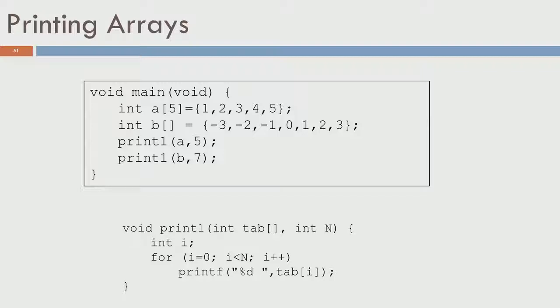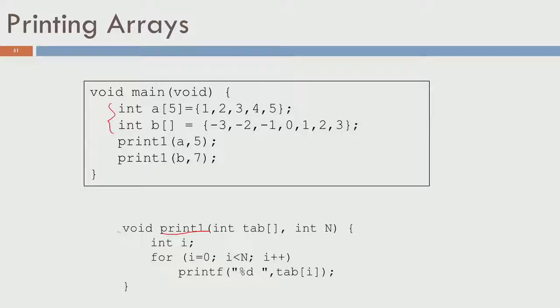So, let us look at this simple example called print1. It is a function which is going to take an array and print the values, that is all, nothing more. I have two arrays in the main function, a and b. a is an array of size 5 and b is an array of size 7, and this function takes an array and the number of elements in the array, and prints all of it.